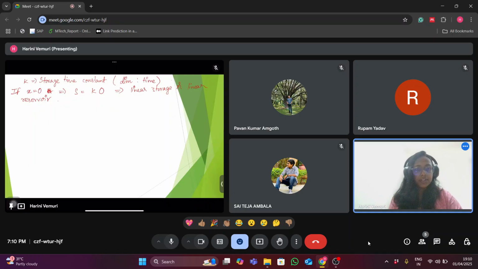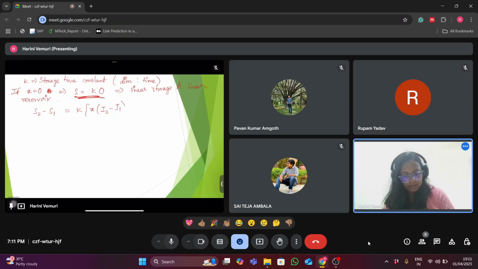As we have discussed previously in reservoir routing, the outflow is a function of storage only, right? So this is similar, that's why it can be termed as linear storage or linear reservoir. So here, if we have the data at two time steps T1 and T2, then the equation can be rewritten as S2 minus S1 equal to k into x of I2 minus I1 plus 1 minus x of O2 minus O1.